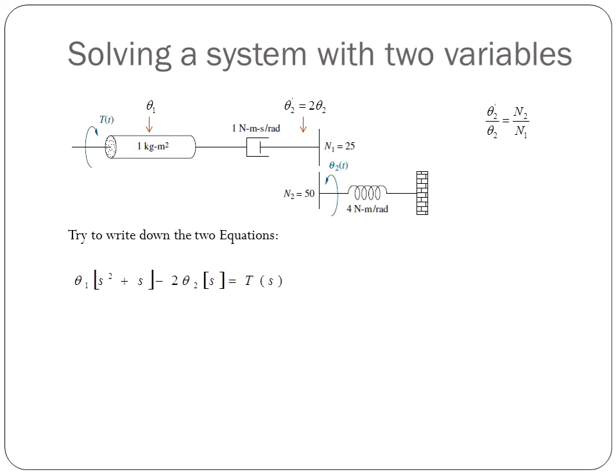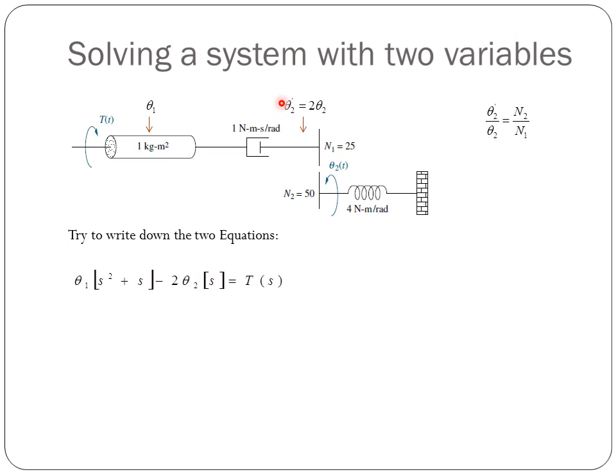So the first equation will look like this: theta 1 multiplied by the impedance, that is 1 into s square and 1 into s, there is no spring here, and then minus the variable theta 2 dash.